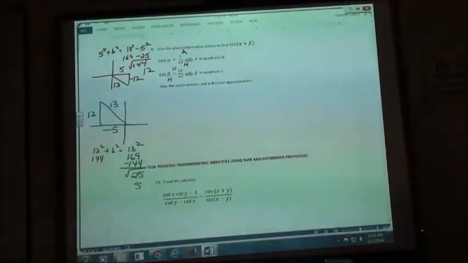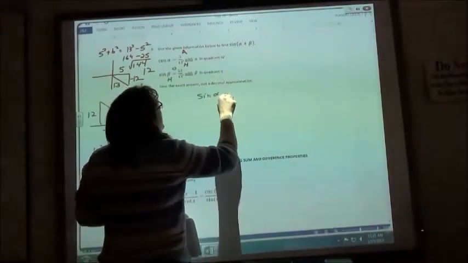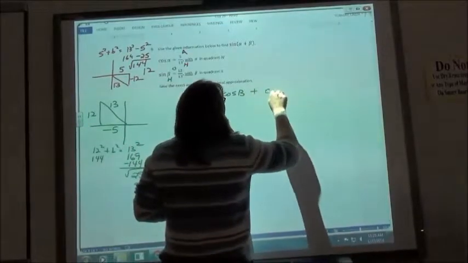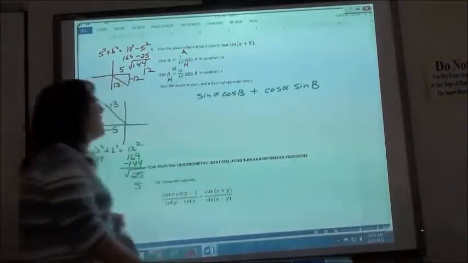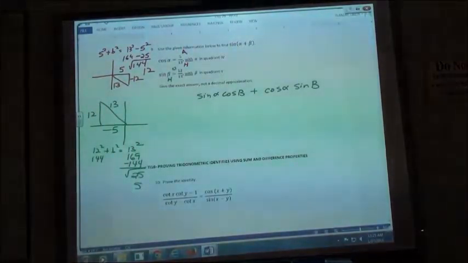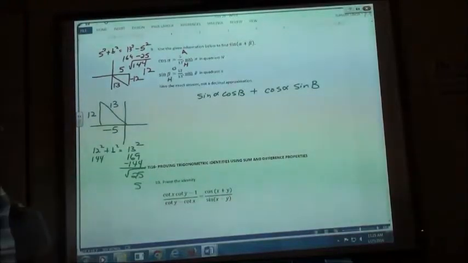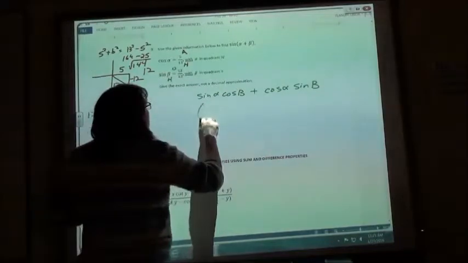I got to do my sine of alpha plus beta. So I'm going to have the sine of alpha, cosine of beta, plus cosine of alpha, sine of beta. If I look up my formula. So sine of alpha, negative 12/13.